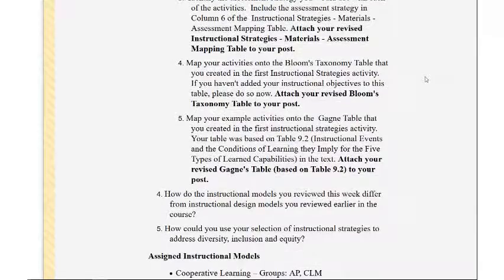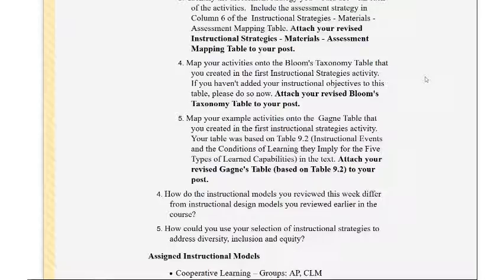And then you created a Bloom's taxonomy table in your instructional strategies activity, and you located your Bonk activities in cells on that table. What I'm asking you to do here is to insert these new activities that you come up with in the same table.